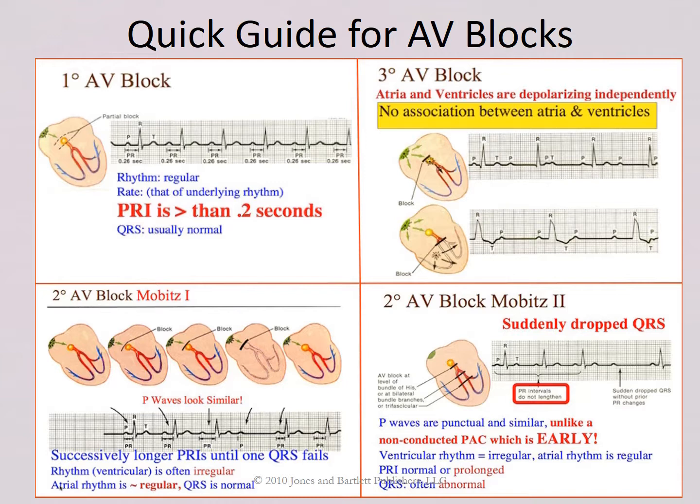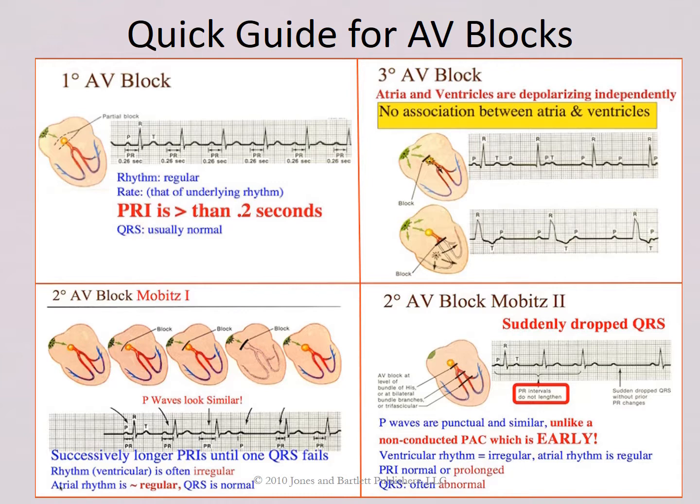Moving to your right, bottom right block, this is another second degree AV block. This is type 2 or Mobitz, and this is where the P waves all of a sudden just do not have a QRS complex with them. The PR interval is regular, it does not lengthen.